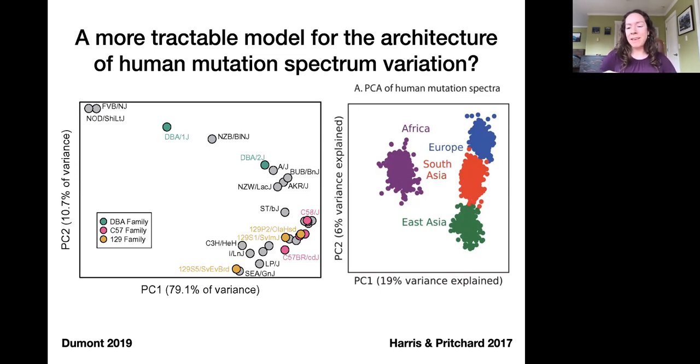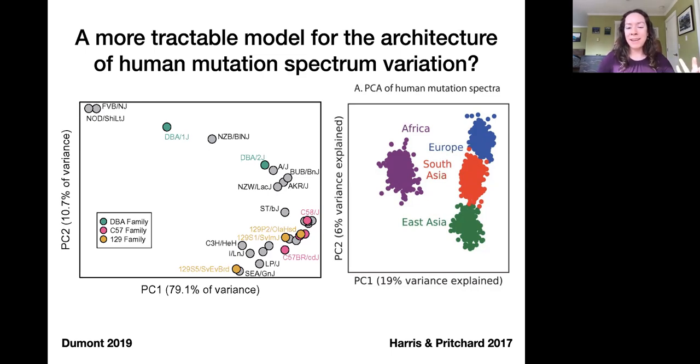Basically, this work in humans that Jonathan and I were doing around the time that we started planning this mouse project, what we've seen is that when you partition mutations by triplet context, so then you have 96 types of mutations depending on what are the bases immediately to the left and right of the base being mutated, you see a slightly different mutation spectrum in each human continental group, suggesting that if some of this is genetic, there are modifiers of the mutation rate and spectrum segregating in humans.